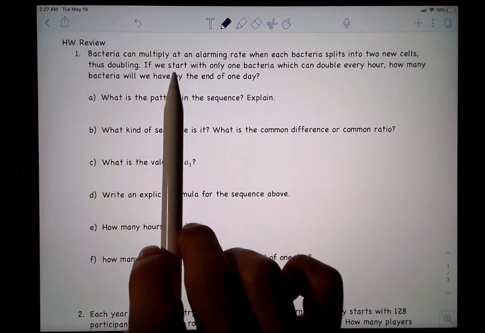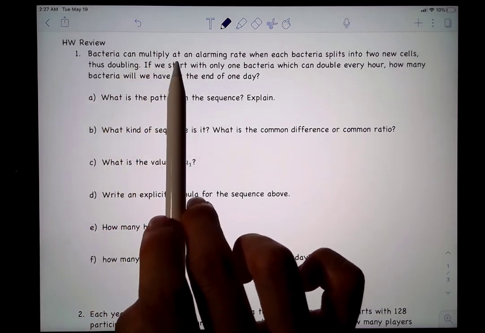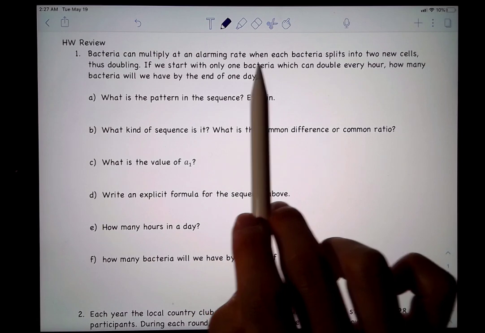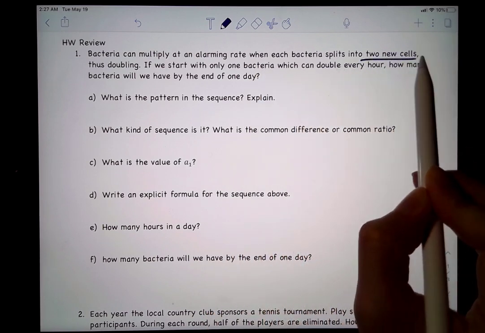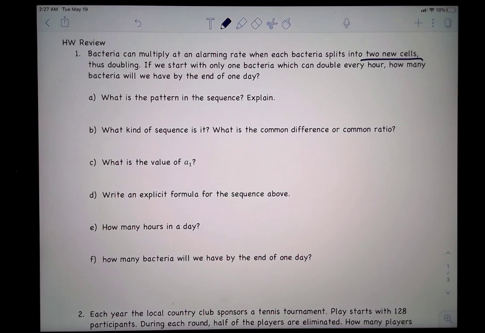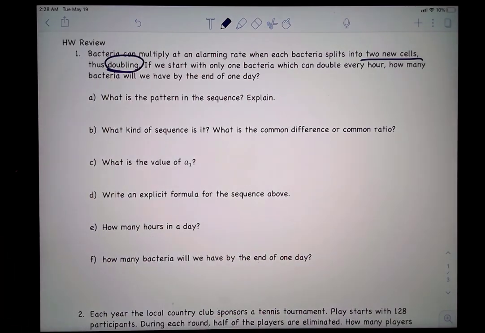Bacteria can multiply at an alarming rate. When each bacteria splits into two new cells, 1 turns to 2, right? Doubling. So our common ratio will be 2. That's the important information.